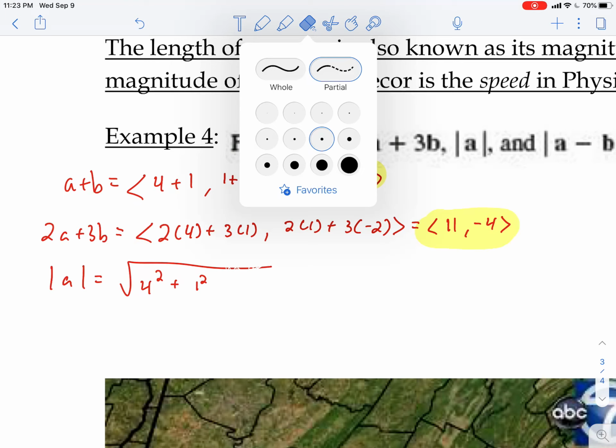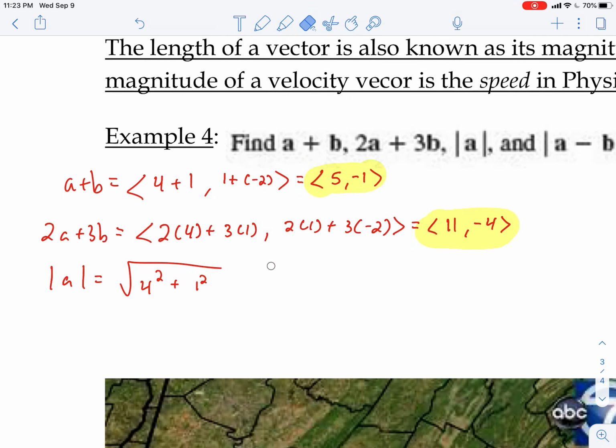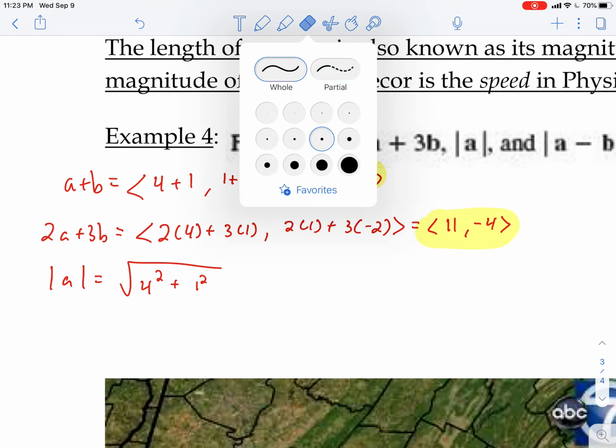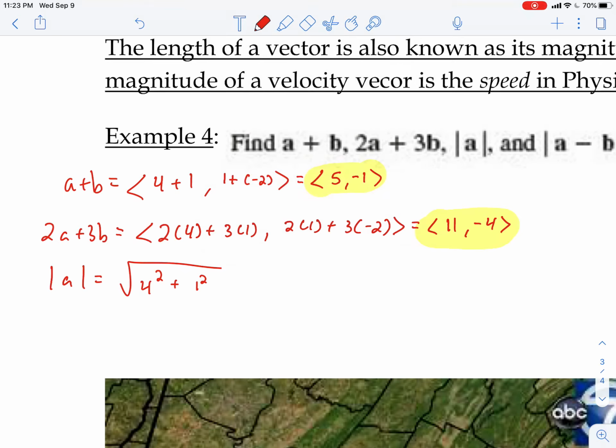Alright, and so we have 4 squared, which is 16, 1 squared, which is 1, so 16 plus 1, we get the square root of 17.